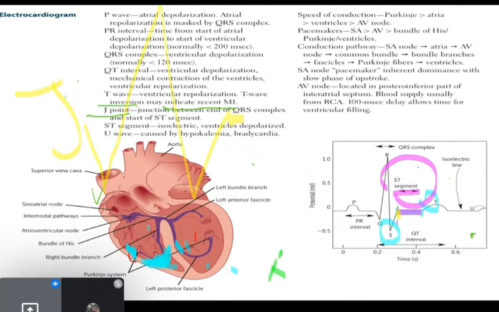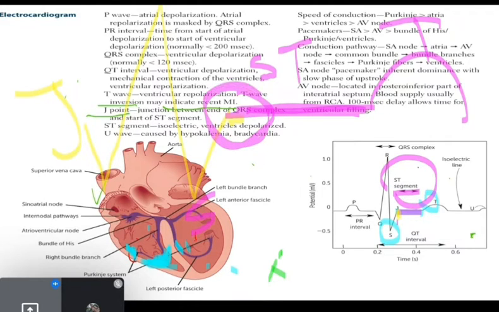Here you have the ST segment, because this is S and this is T. The ST segment is here, and this point is called the J junction on the ECG, okay.